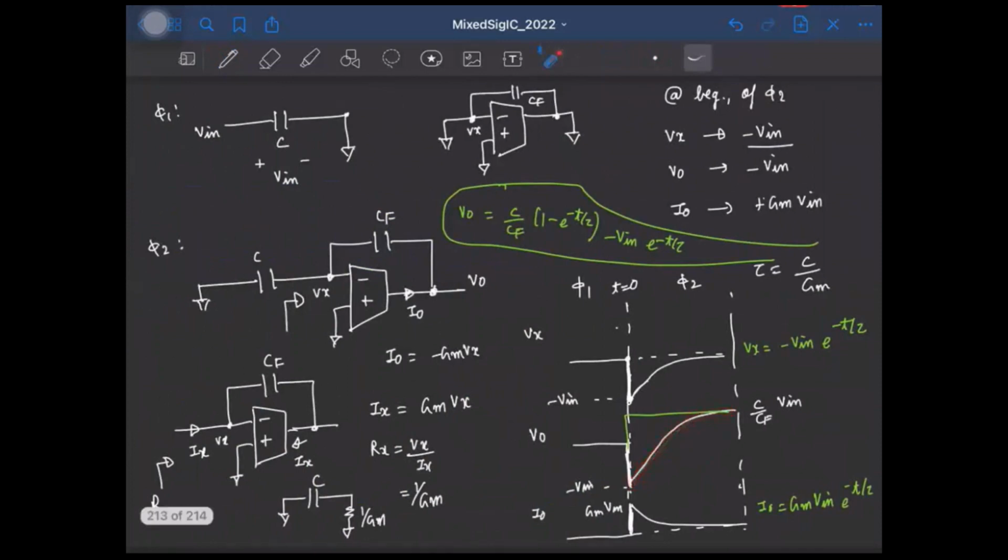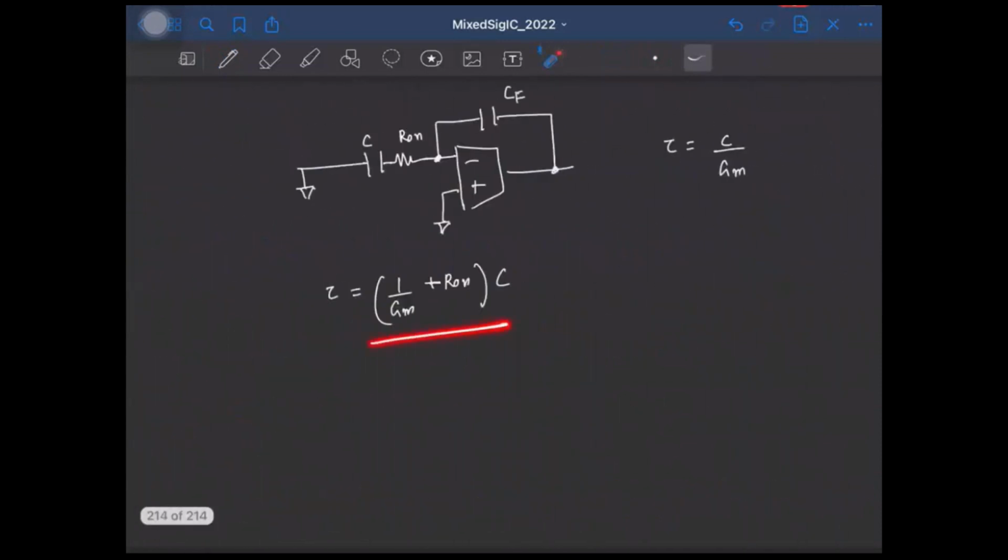And the time constant will be 1 by GM plus R-on times C. And in practice, we usually make R-on much smaller than 1 by GM, simply because it's easier to design switches with low on resistance than making GM very large. Okay, so in practice, you will see that this time constant is dominated by 1 by GM. So this is roughly C by GM.